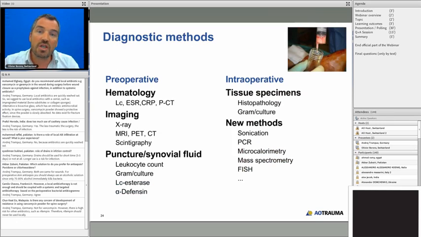Which diagnostic methods do we know? Which diagnostic methods are we using? We have, of course, pre-operative ways of making the diagnosis or helping us to make the diagnosis of an infection. And we have intraoperative methods of making the diagnosis, and a couple of them are worth discussing.